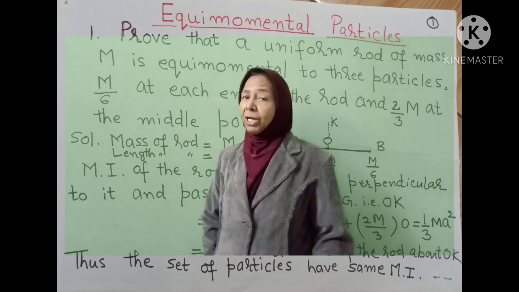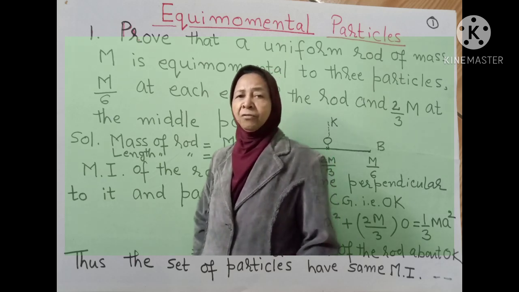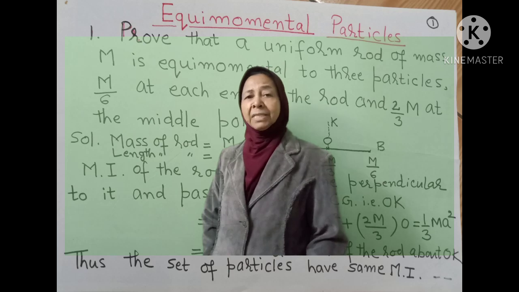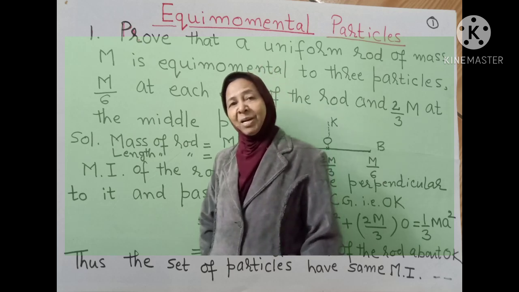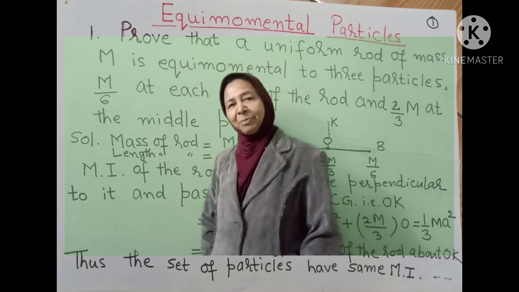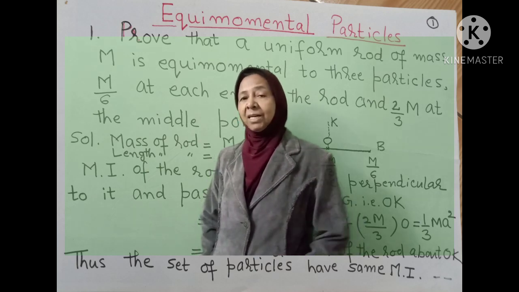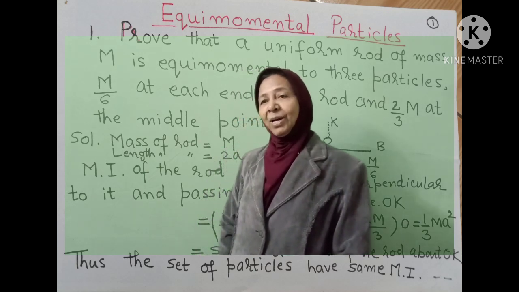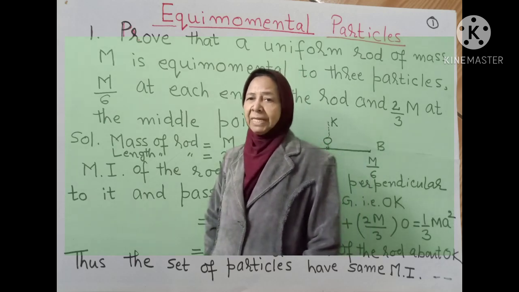So this is how the equimomental particles are defined. The moment of inertia must be the same, mass must be the same, length must be the same. I hope this question is clear to all of you. Now this is a very simple question of one dimension.